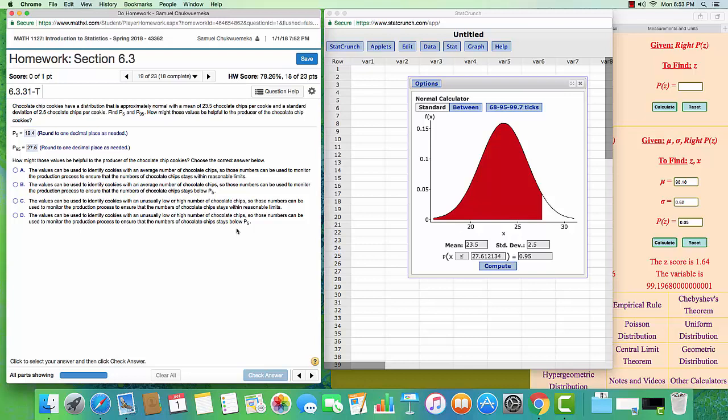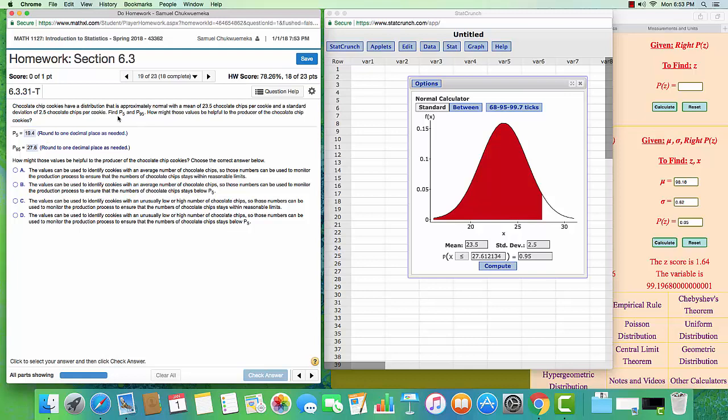Especially Americans, we complain a lot. Okay, let's get back on track. B is not the answer because we are considering the two values, and actually, below the 5th percentile should be maybe very low or no chocolate chips per cookie. And that's not probably why they asked this question.